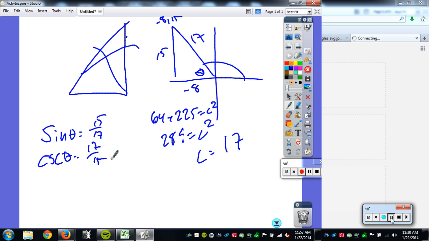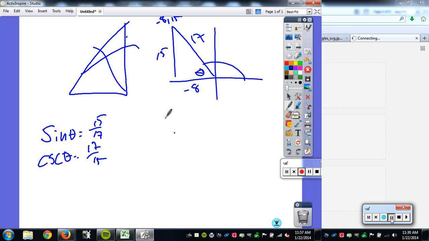Okay, and then cosine is adjacent over hypotenuse, so that's negative 8 over 17. And secant of theta is negative 17 eighths. Am I boring you yet?